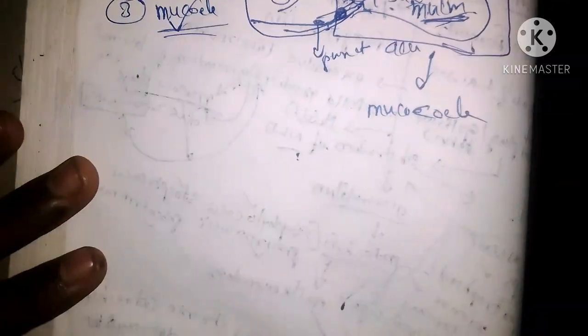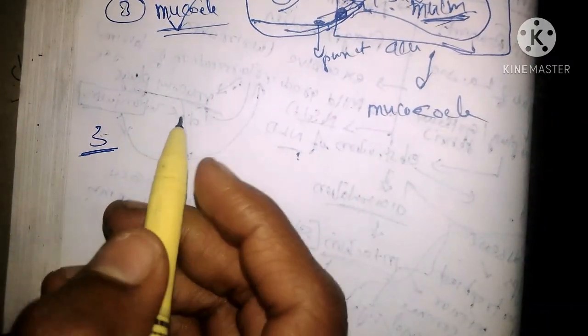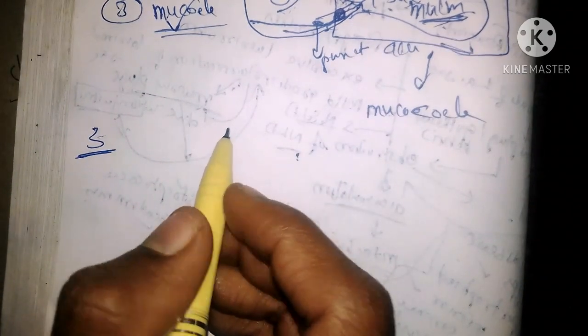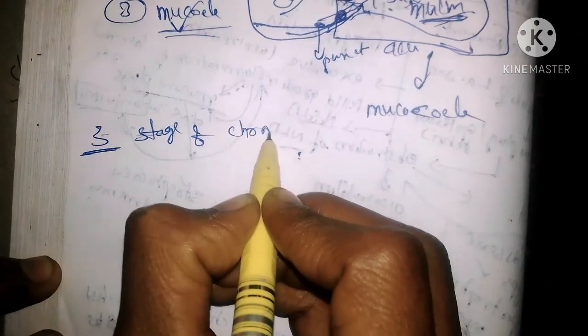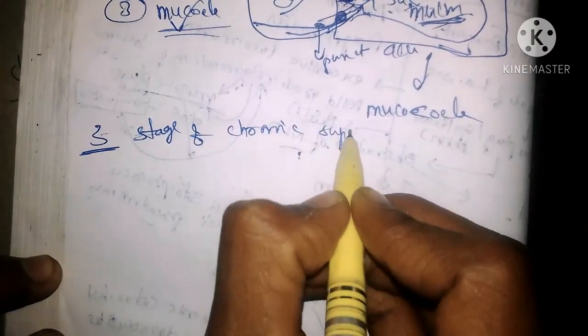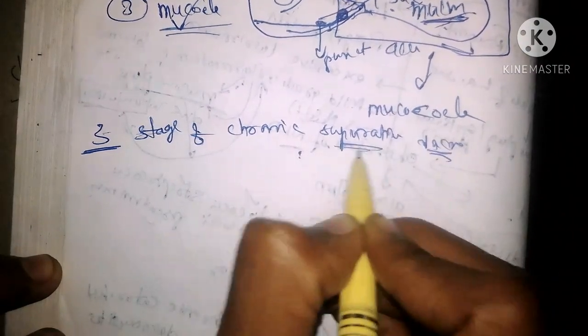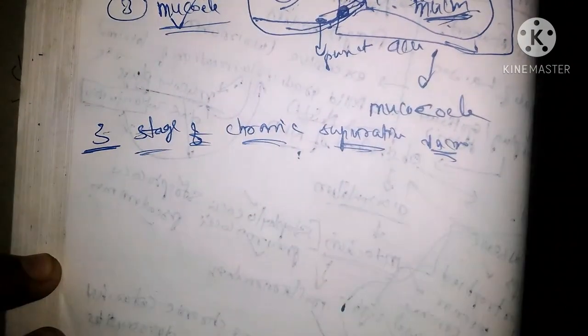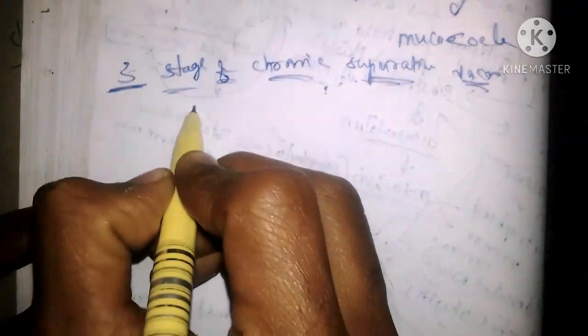Clear? Then going to the third stage. The third stage is the stage of chronic suppurative dacryocystitis. So here what happens is you will see suppurative infections.